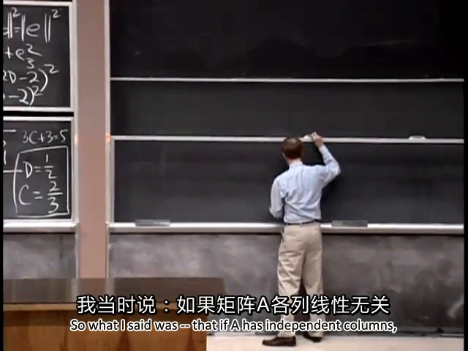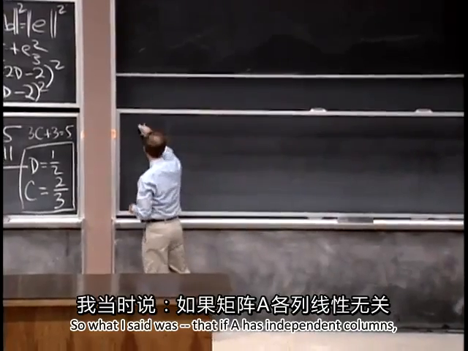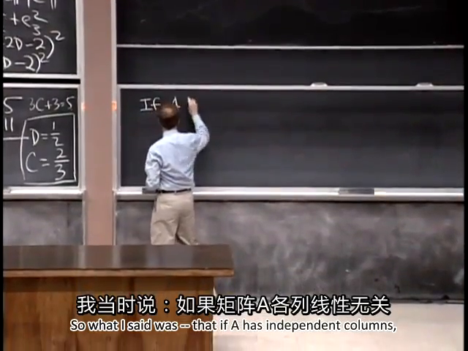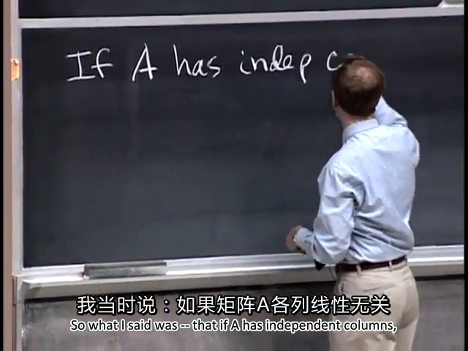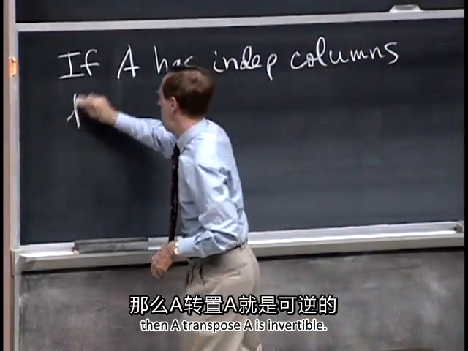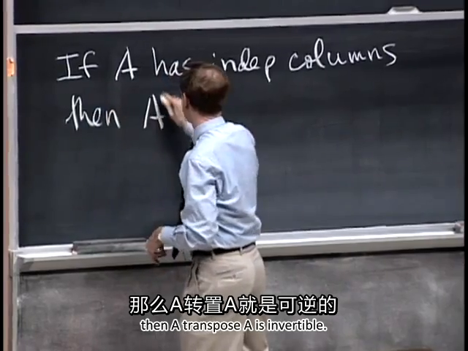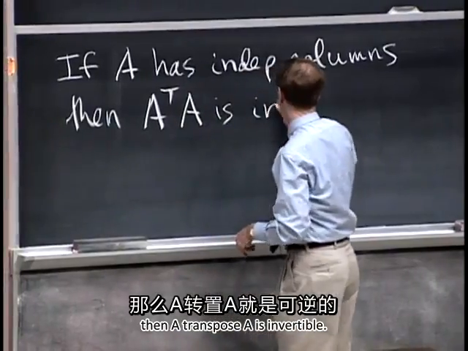Okay, so what I said was that if A has independent columns, then A transpose A is invertible.